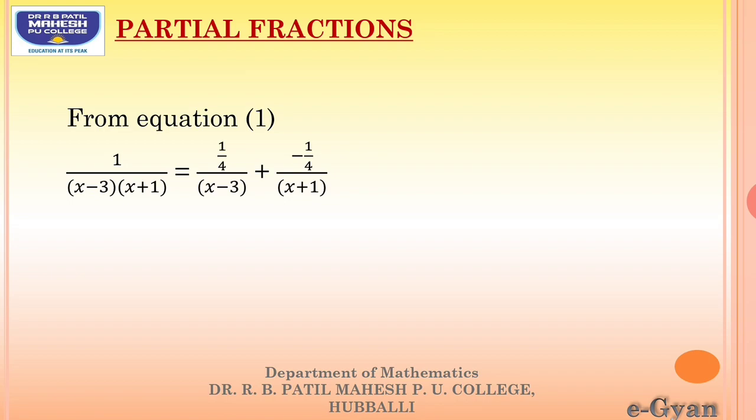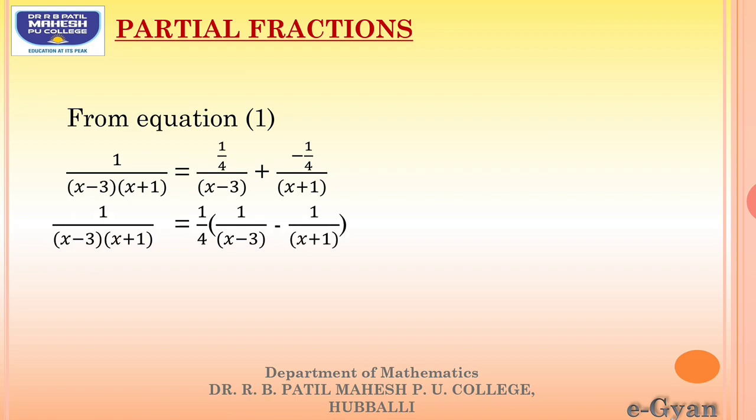So this is the answer, or the same term we can write in this form. 1 by x minus 3 into x plus 1 equal to, taking 1 by 4 as the common term, 1 by 4 into 1 by x minus 3 minus 1 by x plus 1. So this is the required partial fraction for the given rational function.